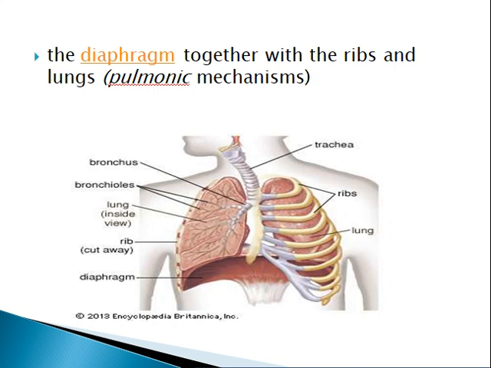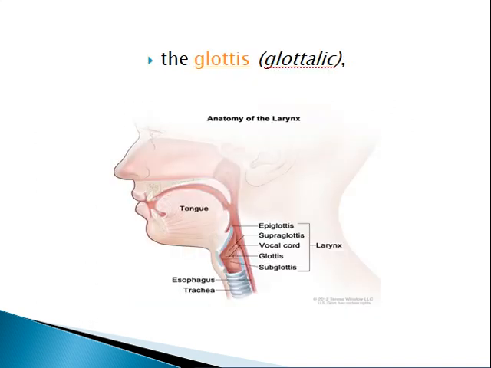So the airstream in which the diaphragm or the lungs is the initiator, we call a pulmonic airstream mechanism. Another one, look at the picture, is called glottalic airstream mechanism. What is glottis? Glottis is the gap between the two vocal cords.